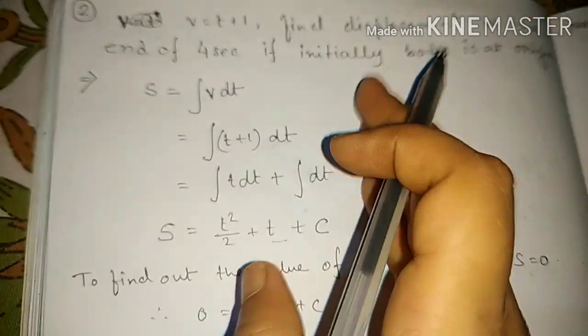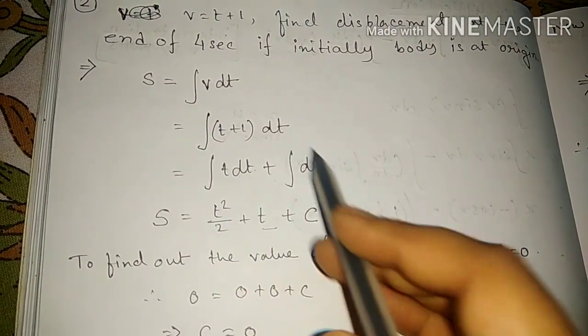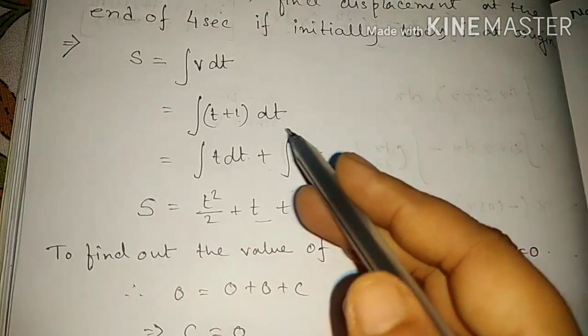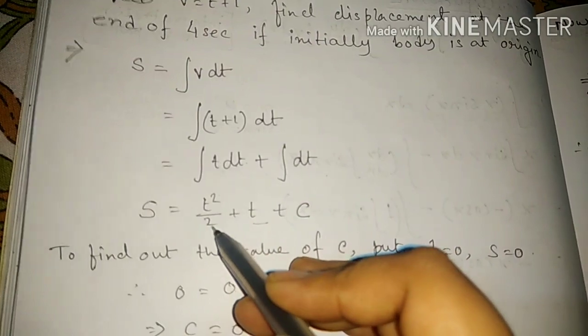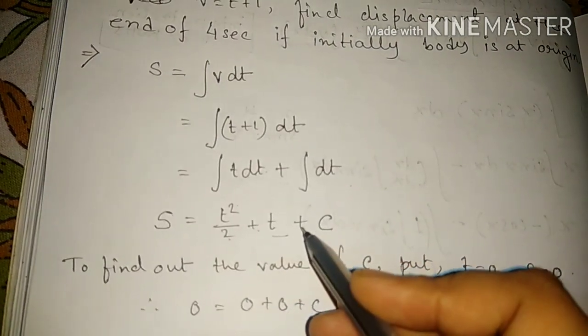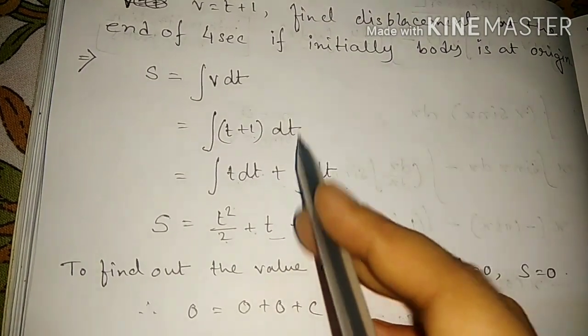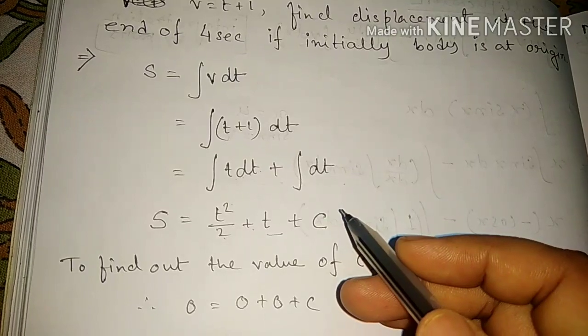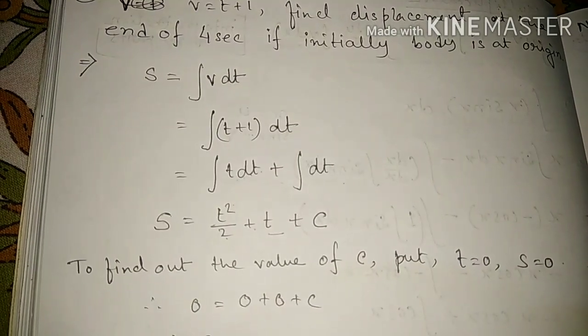Now in the same way we separate it first, t dt plus dt, because there is no limit, that's why we did not write the limit either. Now integration of t dt is t square by 2, plus integration of dt gives t, plus c, because there is no range, that's why we use the constant term, the integration constant, that is c.